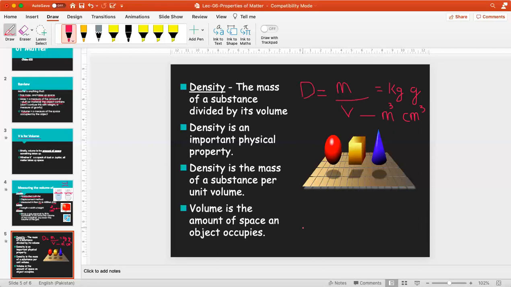The units of density are grams per centimeters cube, or kilogram per meter cube. So these are the density units. So what is density? Density is something to measure to what extent the substance is dense.